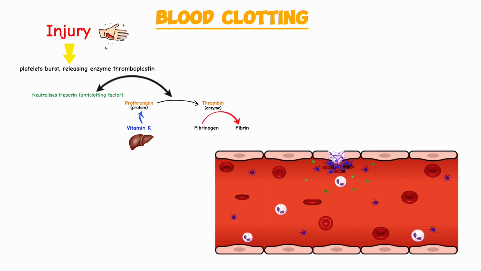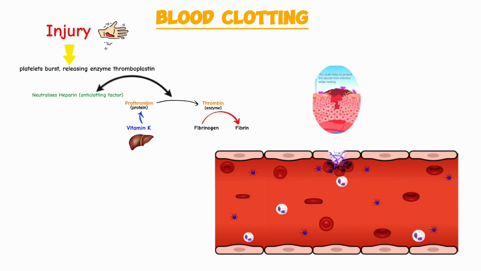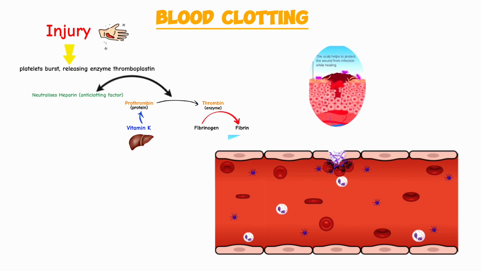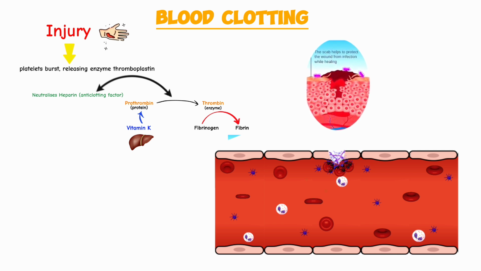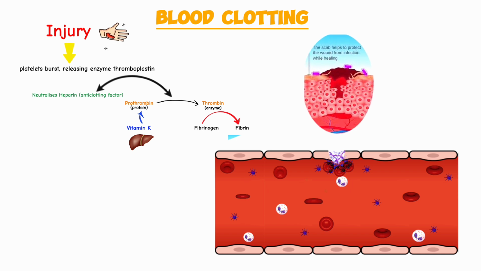This meshwork is very important because it traps red blood cells at the damaged point to form a clot. When the clot dries up, it forms a scab that stops the bleeding and prevents entry of microorganisms. Remember, if you have an open part of the skin, it's going to serve as an entry point of microorganisms into the body. We do not want that. So the clot dries up, it forms a scab that stops the bleeding and prevents entry of microorganisms.